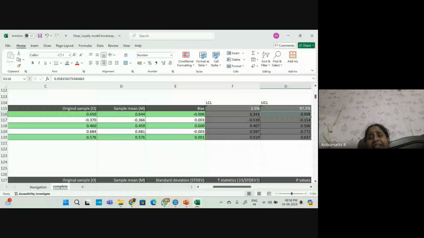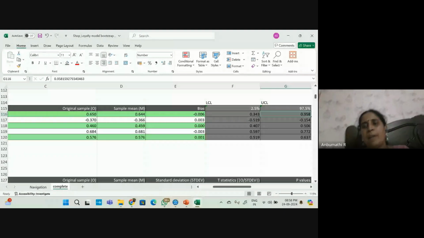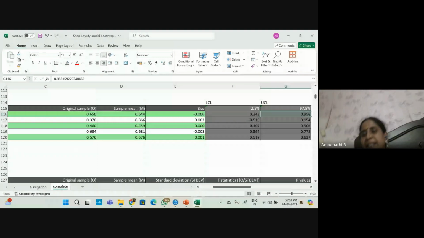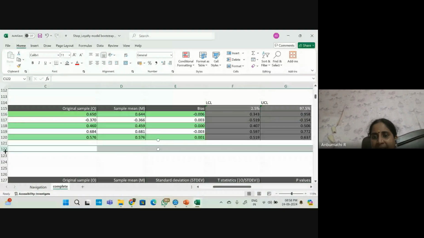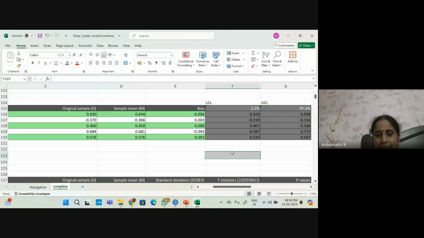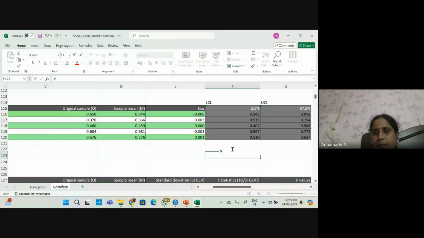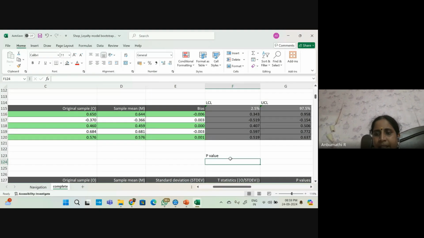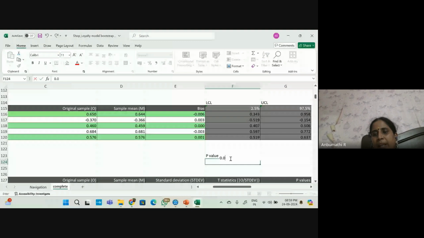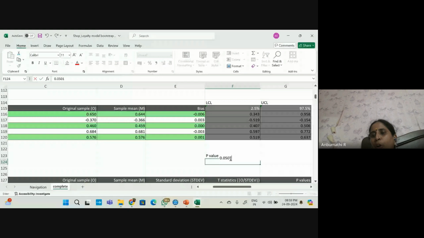There are many instances, from my personal experience and many articles, even when the p-value is less than 0.05. For example, I have seen some instances where the p-value is 0.0501. Okay, so in that case, it is like a cat on the wall.